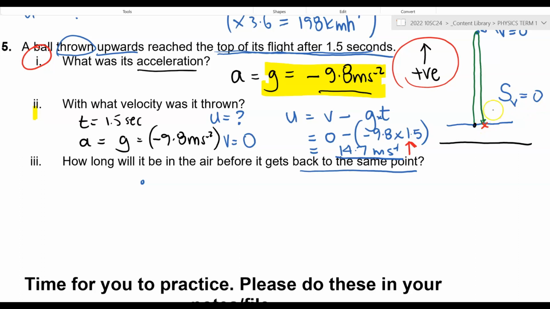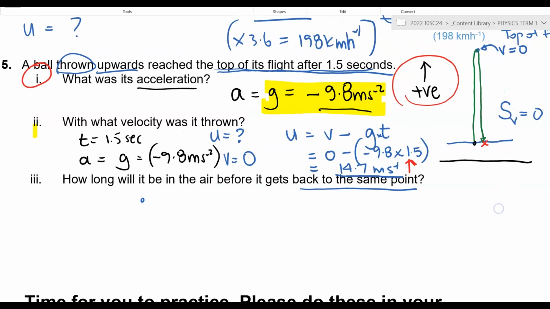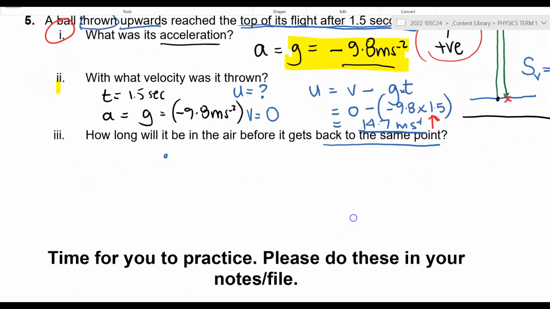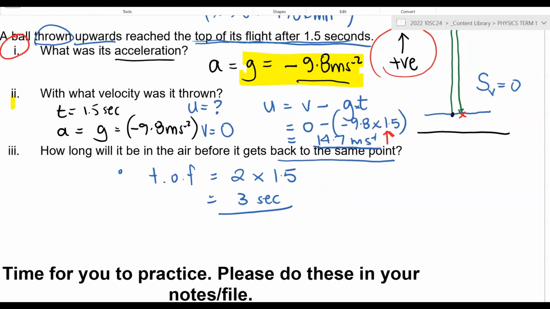So if it's taken 1.5 seconds to get up to the top, clearly it's going to take 1.5 seconds to get down, because all the conditions are the same. So we'll simply write TOF for time of flight is twice what it took to get to the top. 3.0 seconds. So it's a pretty easy way to work out.